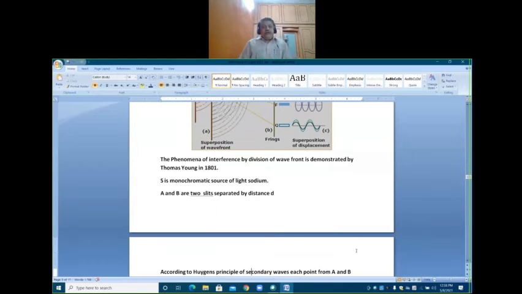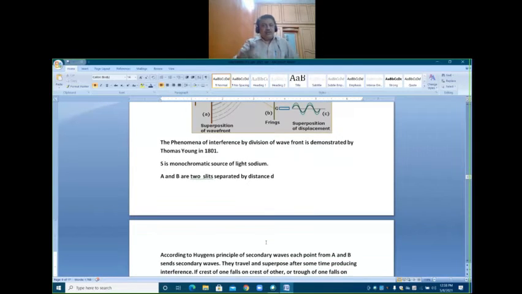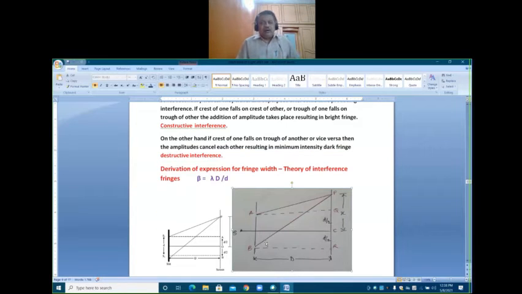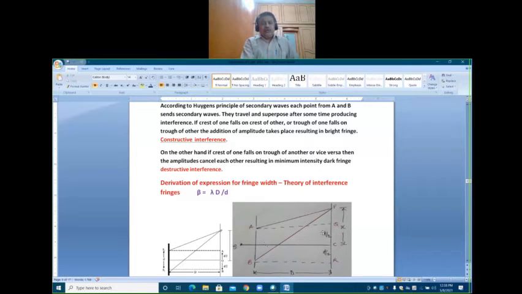So the phenomenon of interference by division of wavefront was demonstrated by Thomas Young in the year 1801. S is a monochromatic source of light. A and B are two slits separated by a small distance. Small d is the distance between the two sources. Capital D is the distance between the screen and the source. According to Huygens principle of secondary waves, every point on the wavefront is a source of a new wavefront, that is A and B, and sends secondary waves.